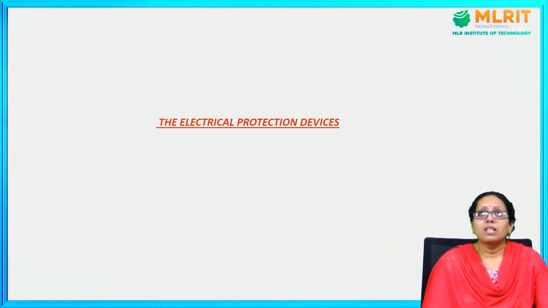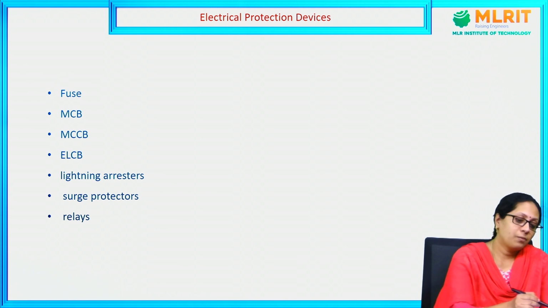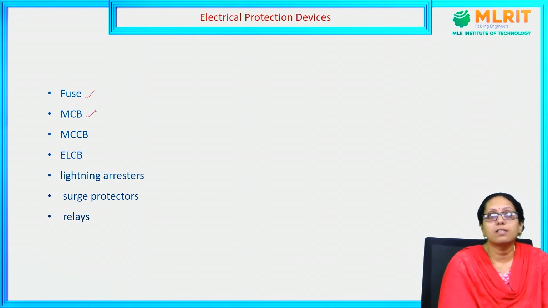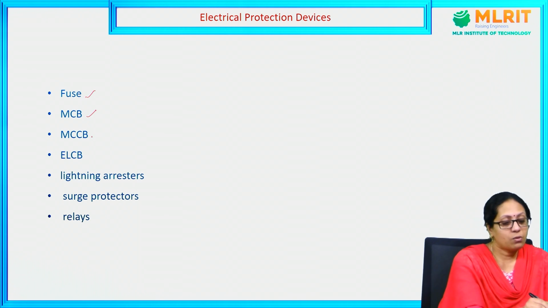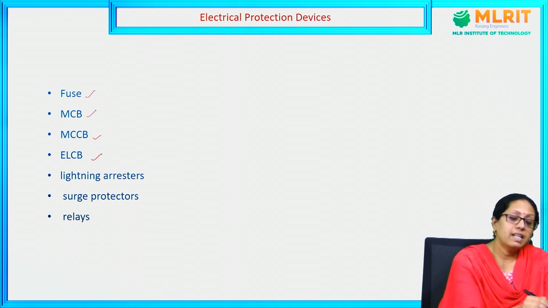The next topic is protection devices which are used to avoid the above electrical accidents. The devices are fuse, MCB, which is miniature circuit breaker, MCCB and ELCB.